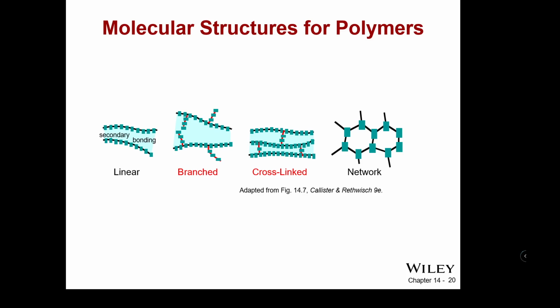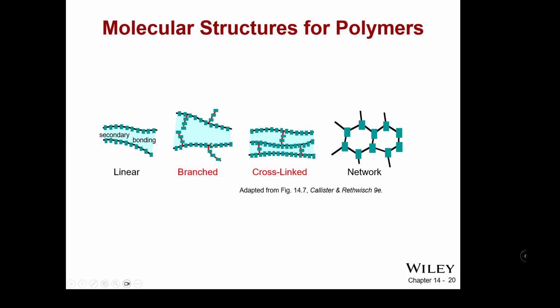So there are different bonding types. There's secondary bonding, which is chain to chain without any actual cross-linking. Then there is branched. And branched becomes these branches sort of entangling each other, and they have offshoots from the main polymer backbone.